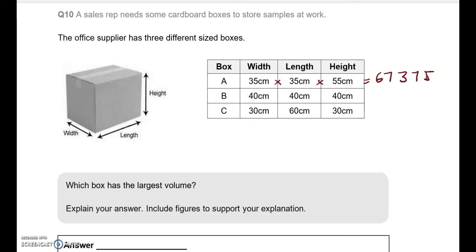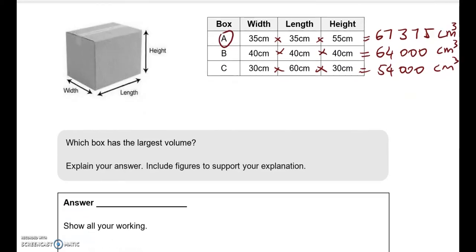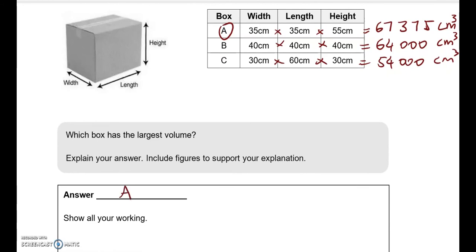So we repeat the process for the other two. So we can see that the largest one is A. And we've shown the working out here.